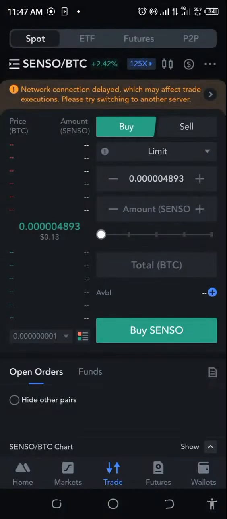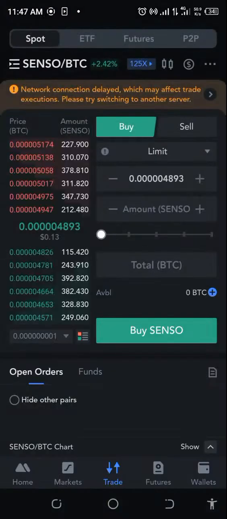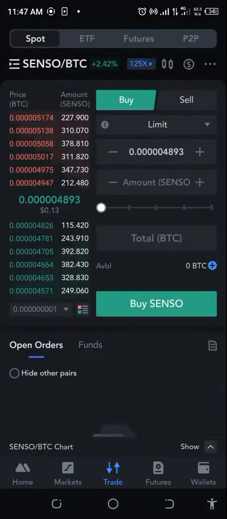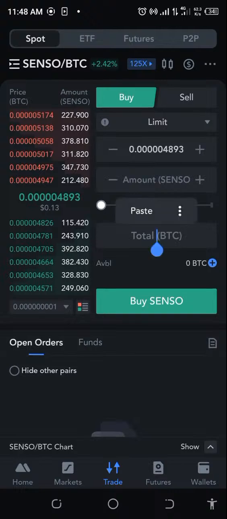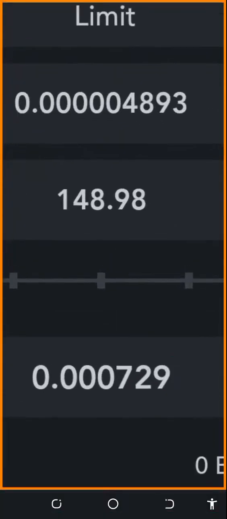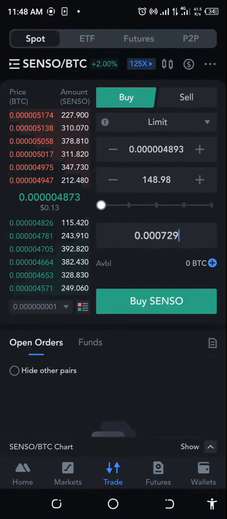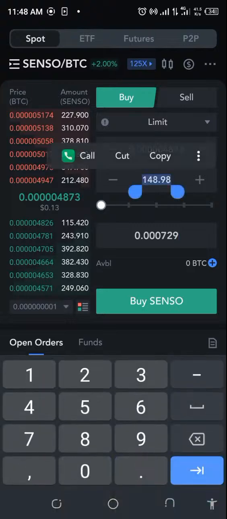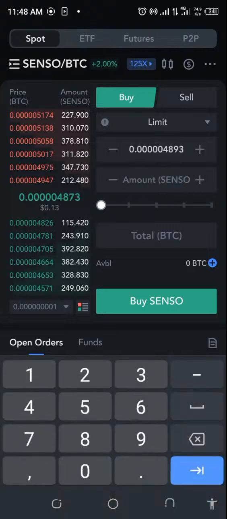Senso BTC, okay? And we're going to buy that. Let's buy the BTC. You can see it's not even making sense. Can you see this? 148. No, no. But let's just finish up the process, right?